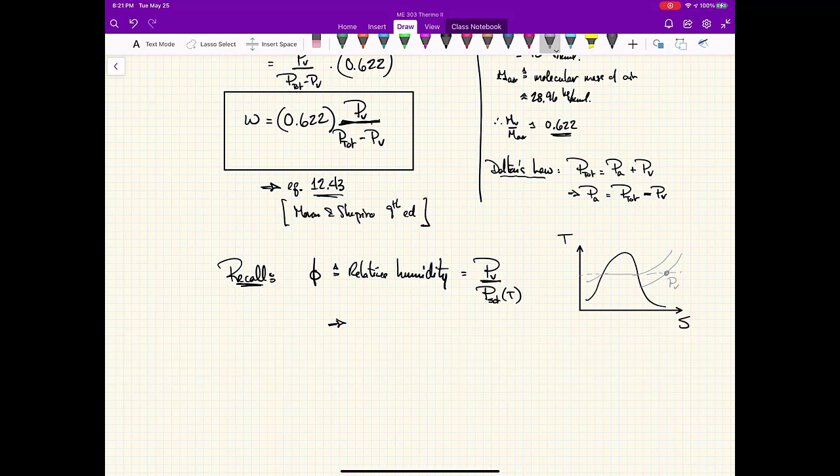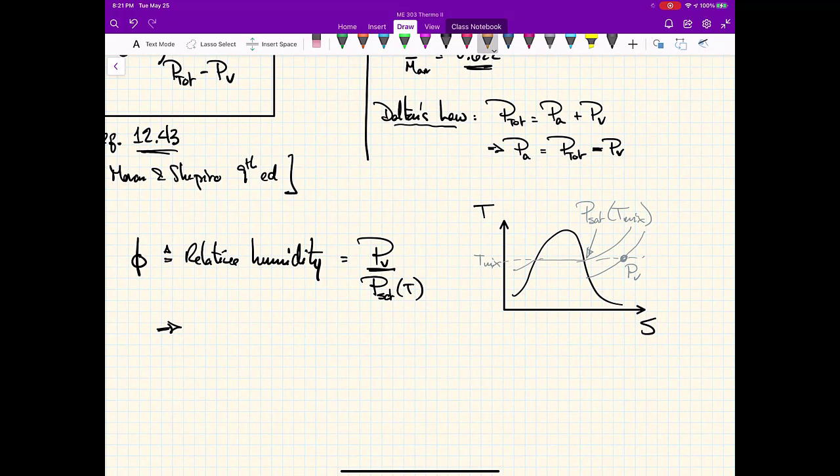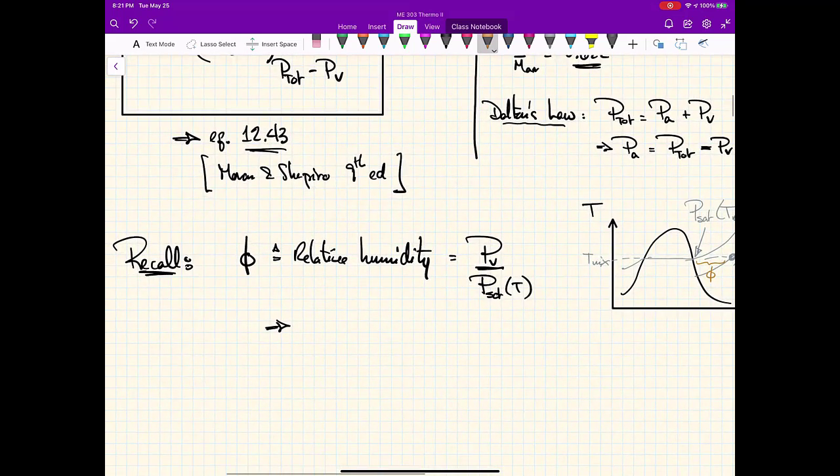This would be my P sub V, and this would be P sat at that same temperature, T mix. And this is T mix right there. So, a quick review here. This is the distance between those two, or the ratio between PV and P sat. That's an indication of the relative humidity, and that's what I got here. But I'm highlighting that specifically so I can express the vapor pressure in terms of the relative humidity, and so that's going to be phi times P sat at the temperature of the mixture.